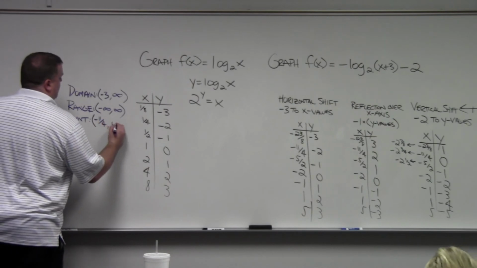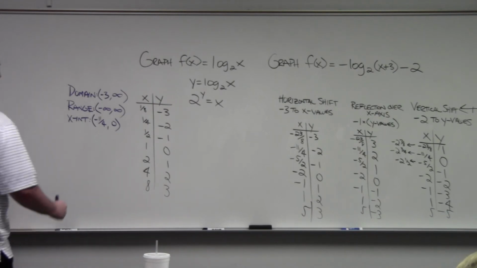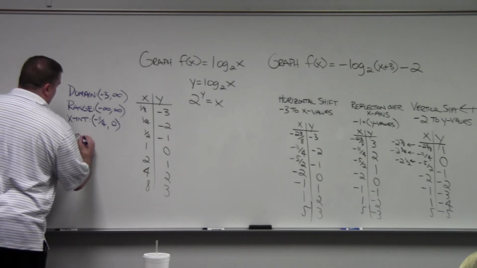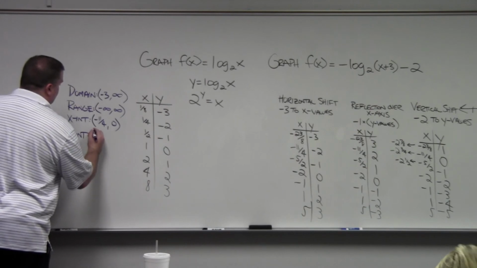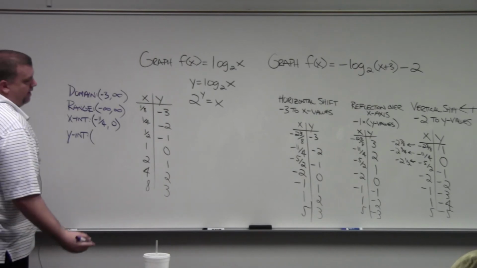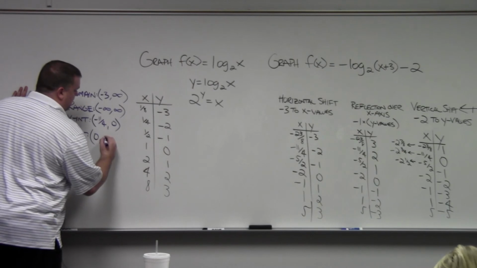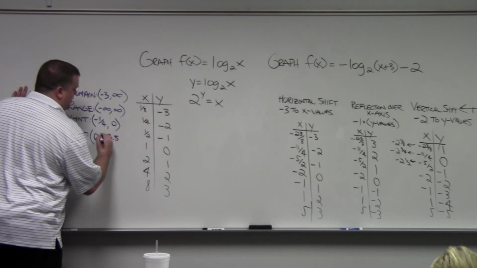That's where y is 0. The y-intercept is a little bit more difficult. Do you agree? Yeah, on that one, we'd have to do some work to solve it. So what's a good estimate about where it would be? 3.5-ish. So 0 and negative 3.5-ish.